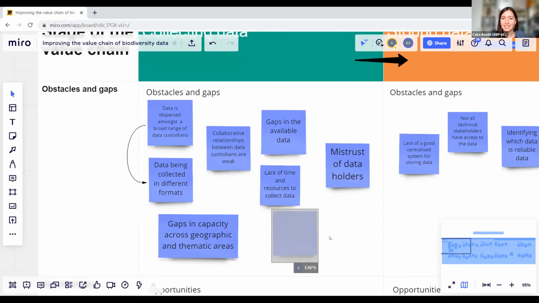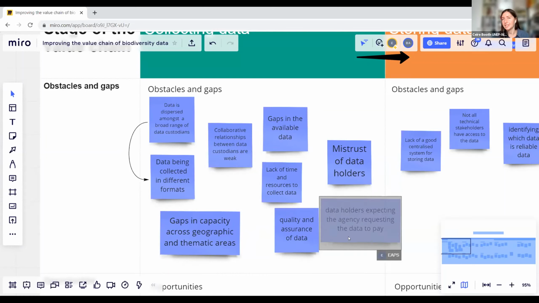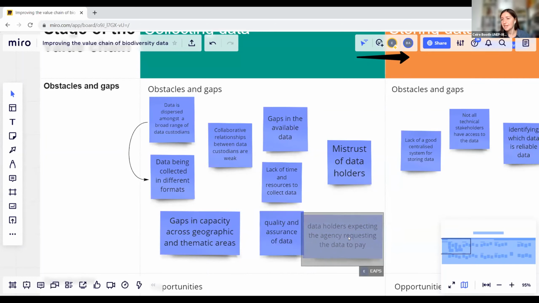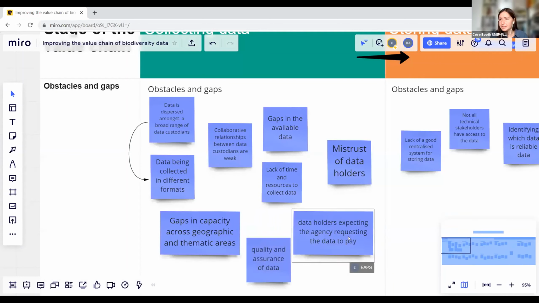So I can see other labels are being added here by my colleagues. So some of the other points that are coming up already are, yeah, data being collected in different formats. Data doesn't always come in consistent forms, even in some contexts where you're collecting knowledge from Indigenous peoples or local communities.